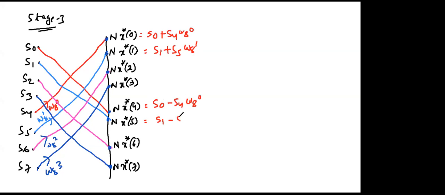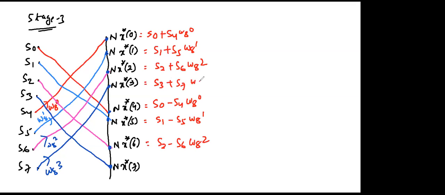This is S1 minus S5 omega at 1. Next, third butterfly: S2 plus S6 omega at 2. This is S2 minus S6 omega at 2. Last butterfly: S3 plus S7 omega 3. There is S3 minus S7 omega 3.